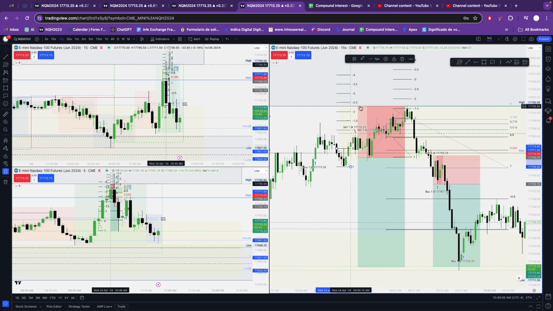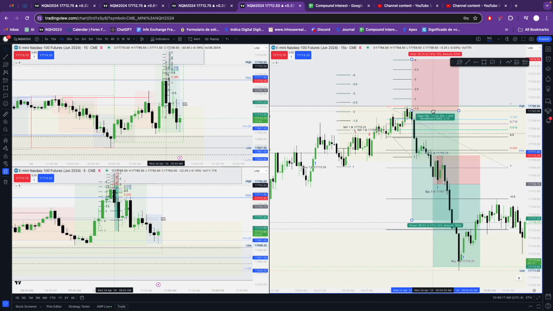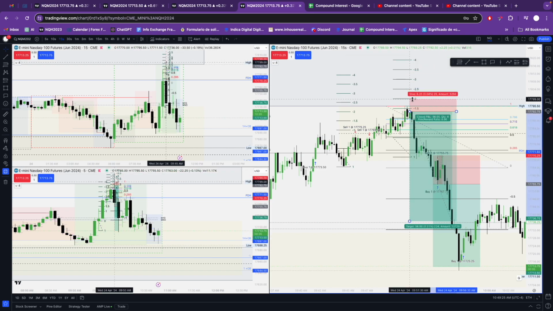Notice how that lines up with this higher time frame objective. So reversal point. Get in here. Imagine that we got in here, right? Let's say we got in like at 2 right here. And our stop loss is 10 points.